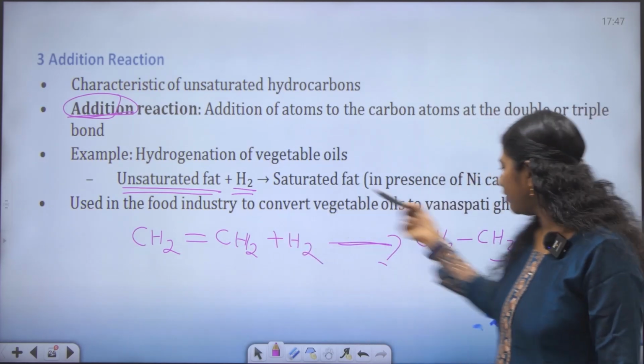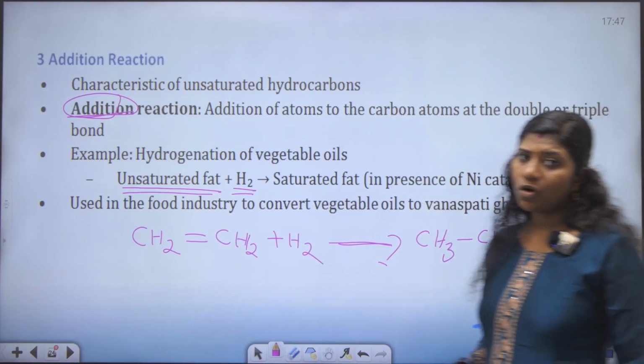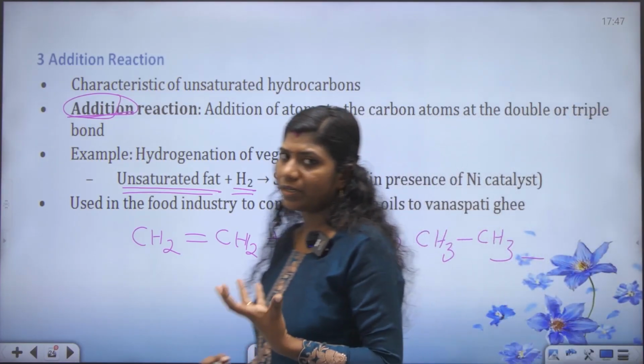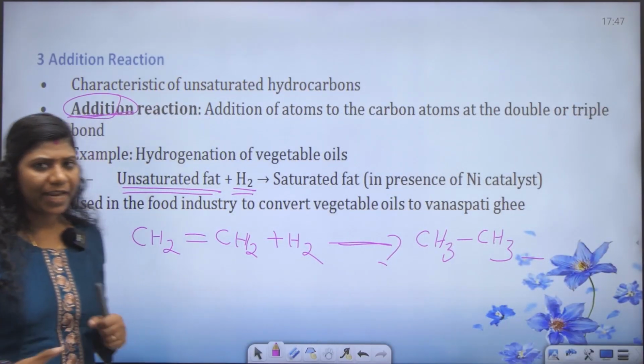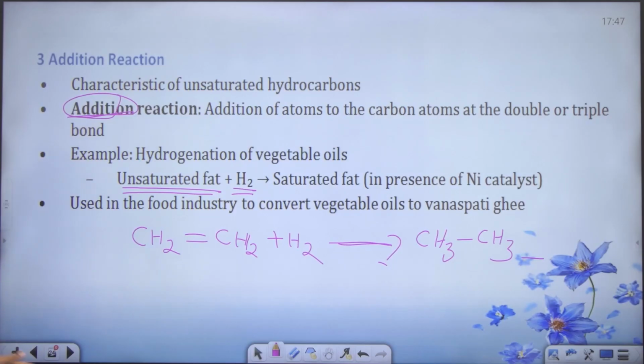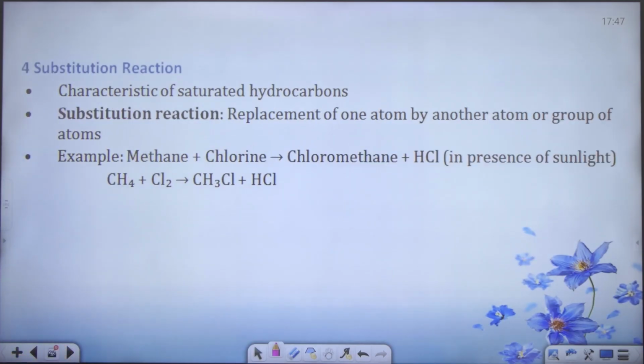The unsaturated compound is converted to a saturated compound. The double bond or triple bond breaks to form the corresponding saturated compound. That is an addition reaction.